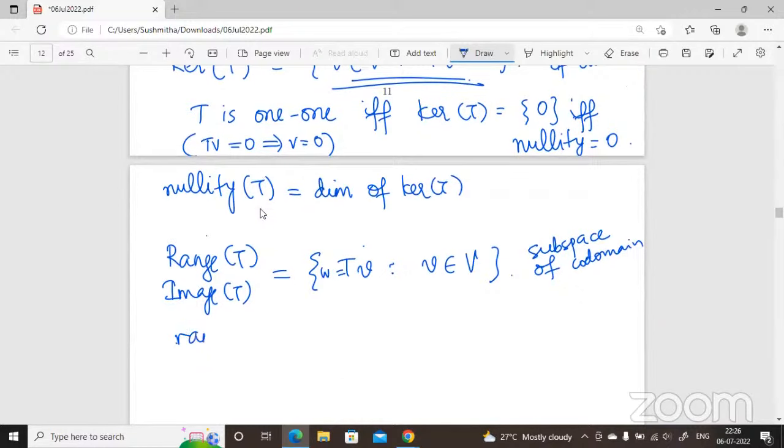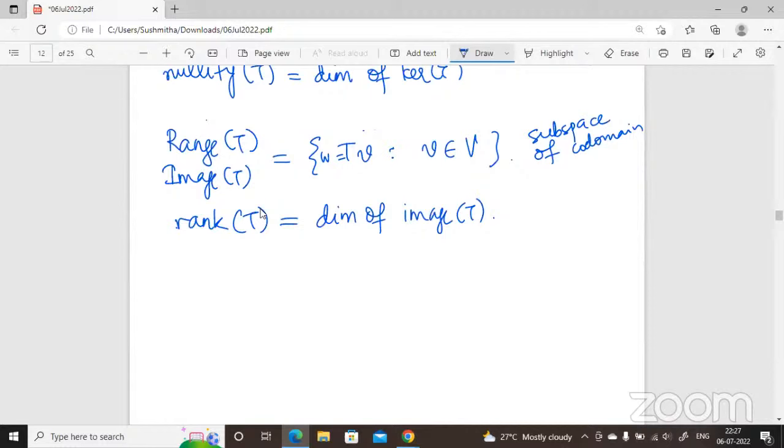Now what is rank? Dimension of the image space. So what happens when T is onto? Image equals the codomain W. And when does this happen?